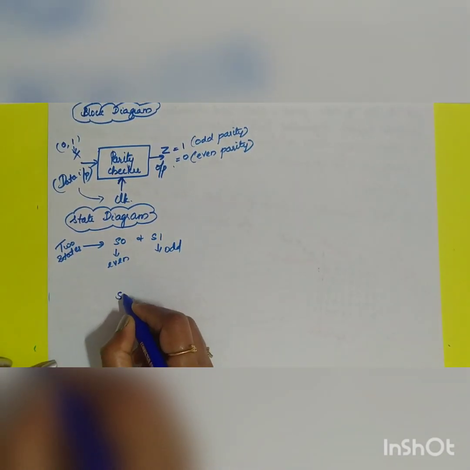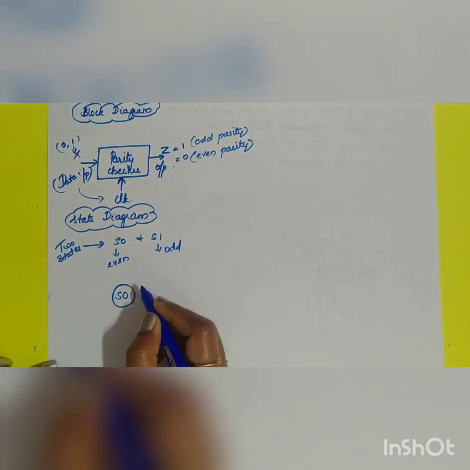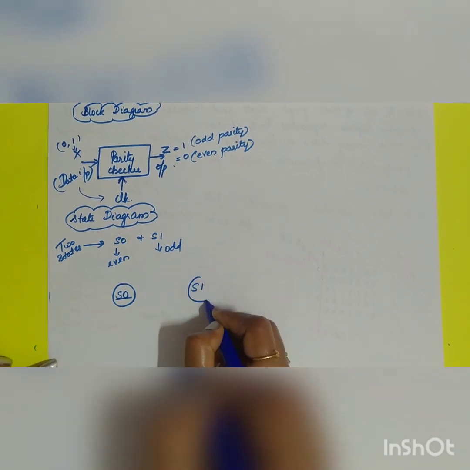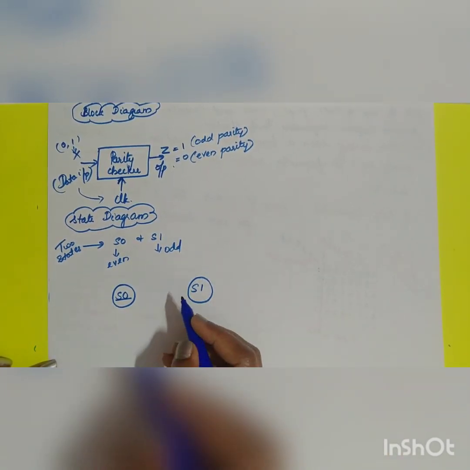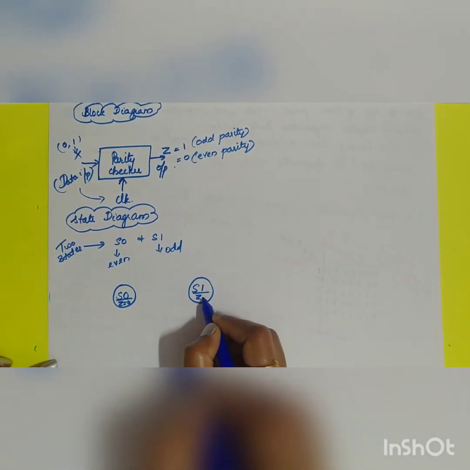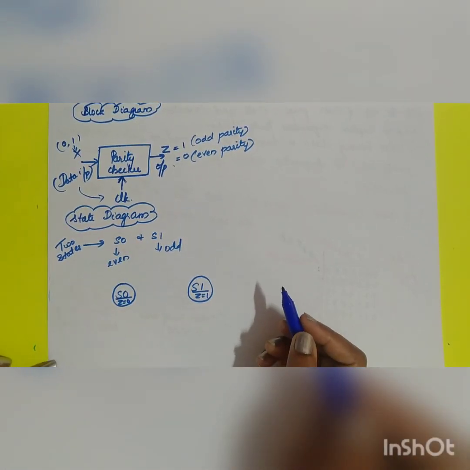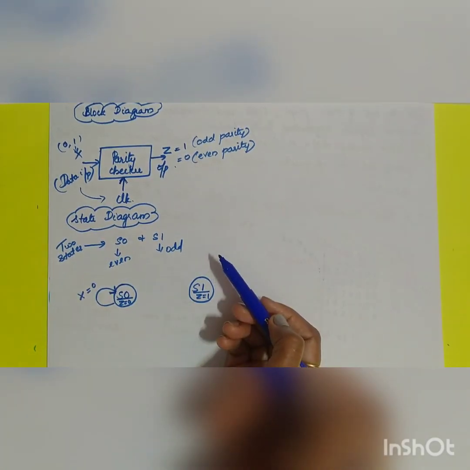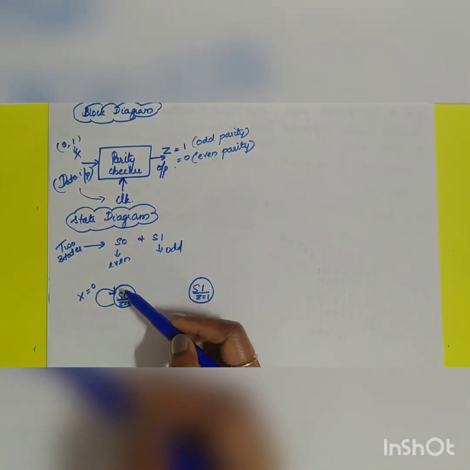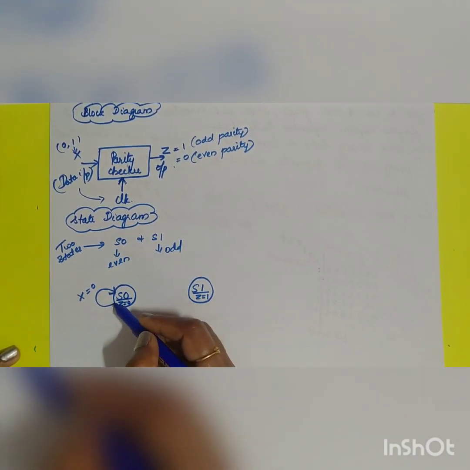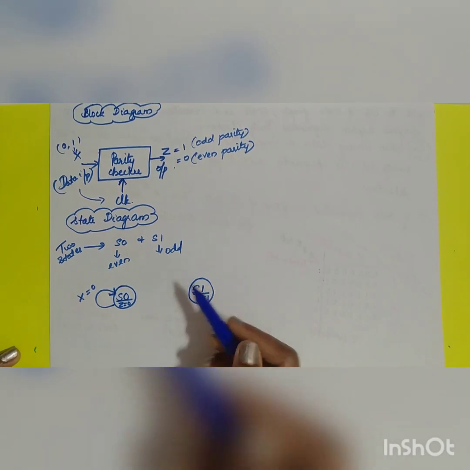So let me take the 2 states, S0 and the next state S1. For S0, what will be the value of the output? Z is equal to 0. For S1, Z will be equal to 1. This will be your output. Now, for the first case, if X is equal to 0, initially let me assume that all zeros are being transmitted.